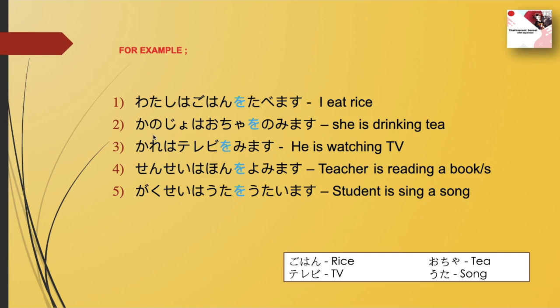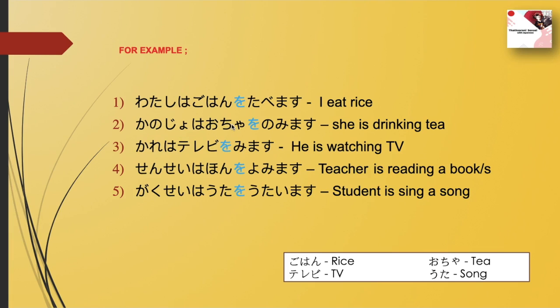Right? Okay, let's take a look at the next example, which is she is drinking tea. Okay, the sentence is kanojo wa ocha wo nomimasu, right? Kanojo wa ocha wo nomimasu. Okay, she is, we can say in Japanese, kanojo, and here we have wa ocha.